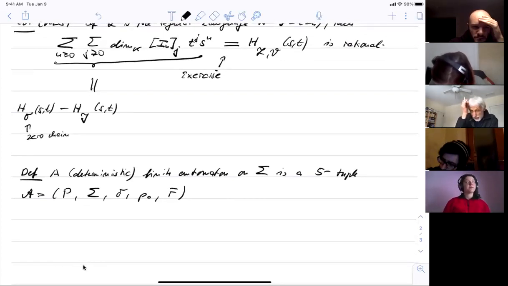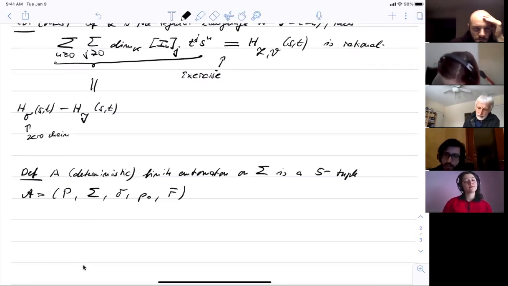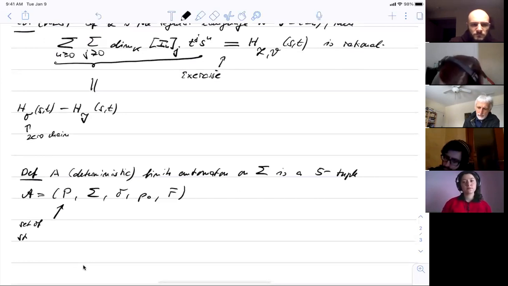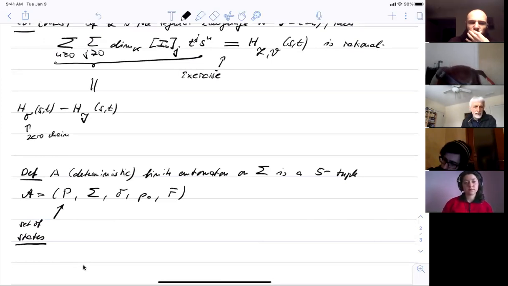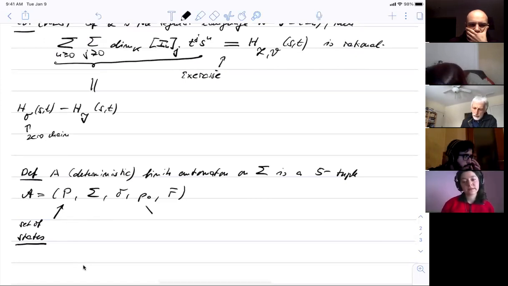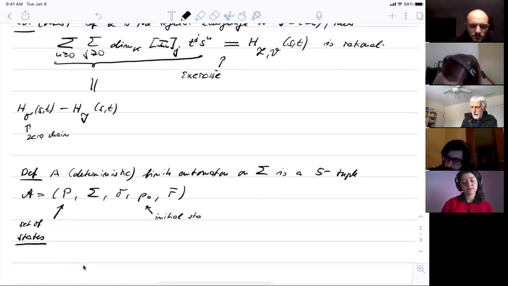Our automaton will have finitely many states, and P is our set of states. So the elements are the states. Sigma is our finite alphabet. Delta, well, let me come to delta last. P0 is our initial state, where we always start.